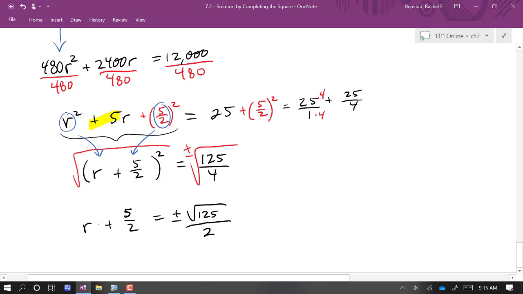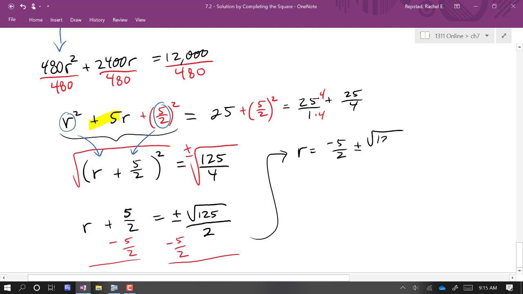To solve for r, we're going to subtract 5 halves. So I've got minus 5 halves plus or minus the square root of 125 over 2. They already have a common denominator of 2. So we could write it as minus 5 plus or minus the square root of 125 over 2.